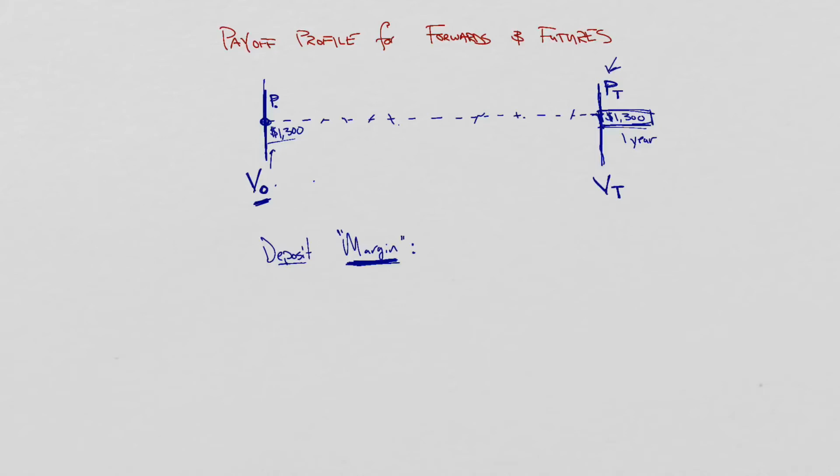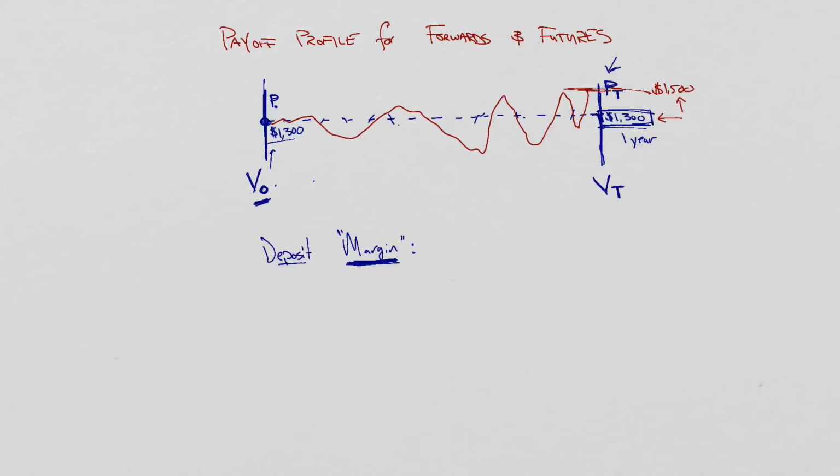So to calculate the profit from this, you really just wait, and 1 year goes by, Google goes up, Google goes down, and so on. If Google goes up and ends up at $1,500, you've locked in the right to buy at $1,300, and you can immediately sell it for $1,500.